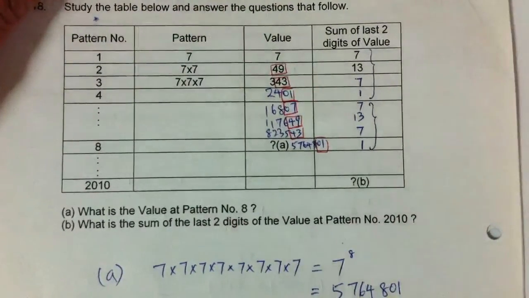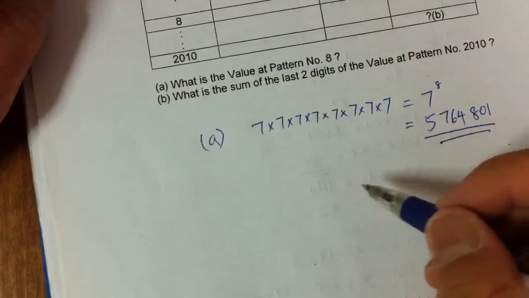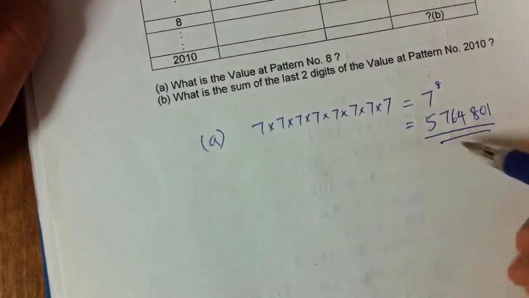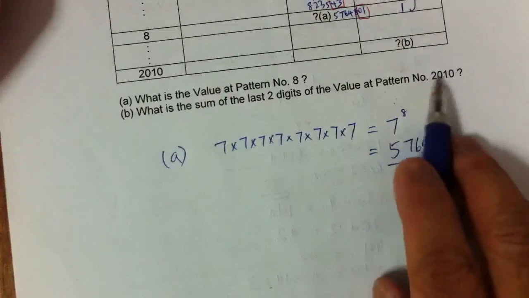So we are going to predict, and first of all we need to know the nearest multiple of 4 that is closest to 2010.